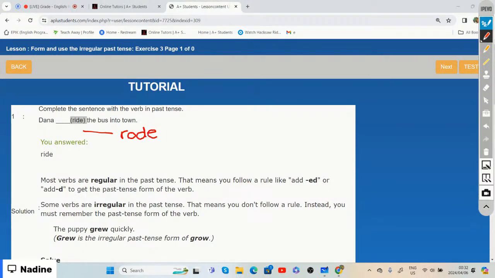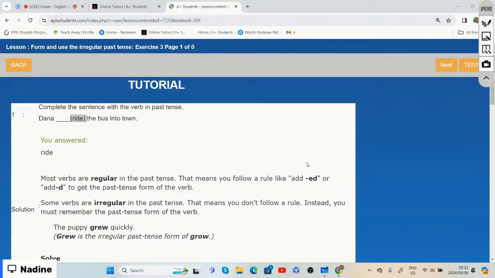So Dana rode the bus into town. Ride and rode. Drive and drove, right? So rode is the correct one.